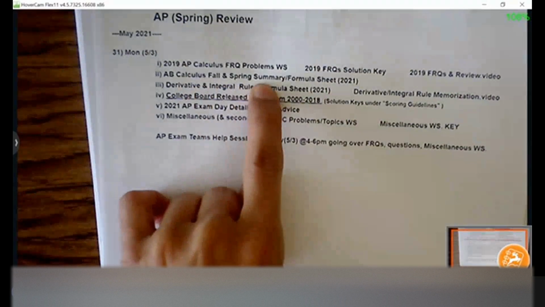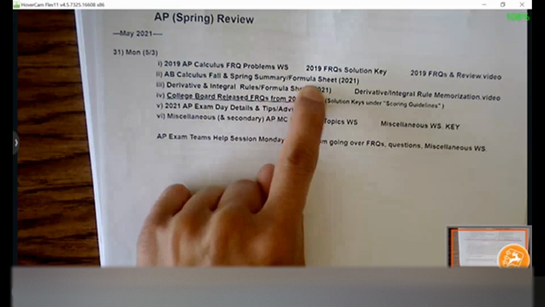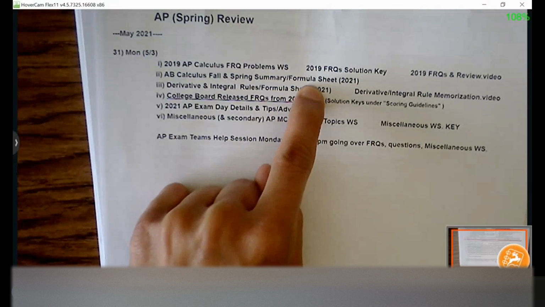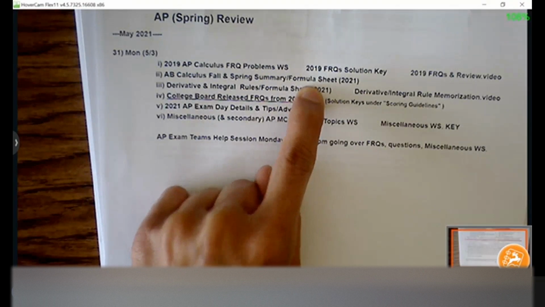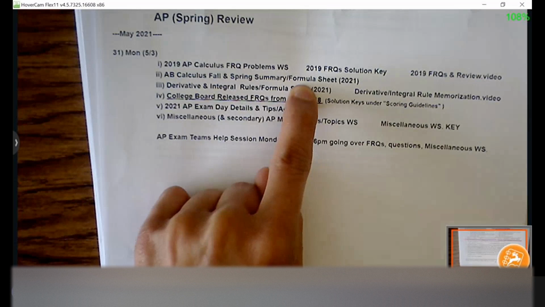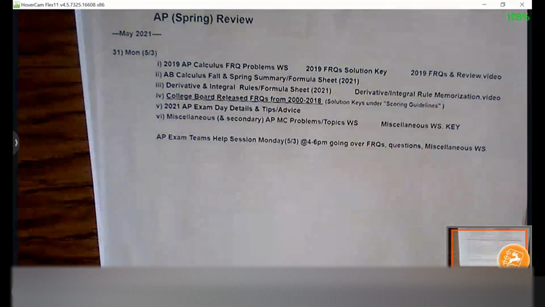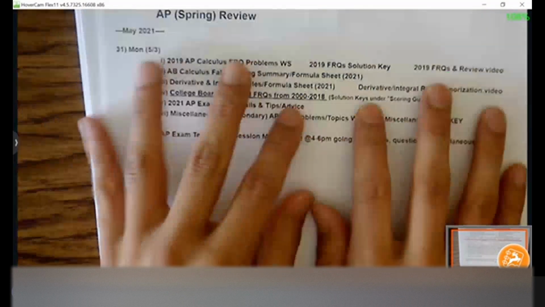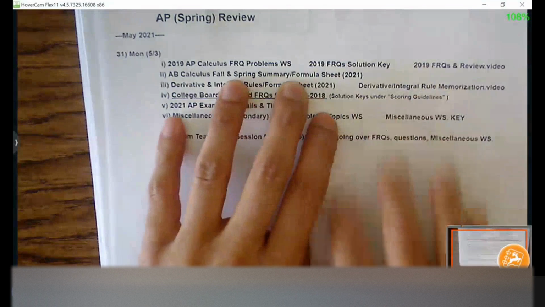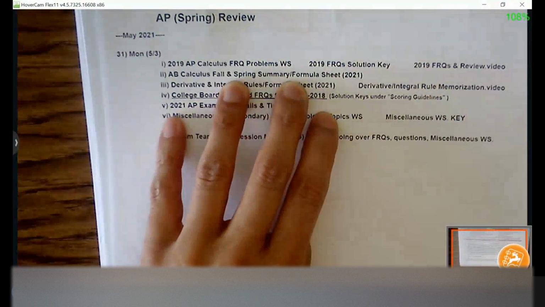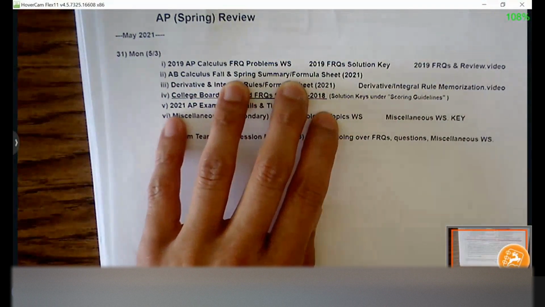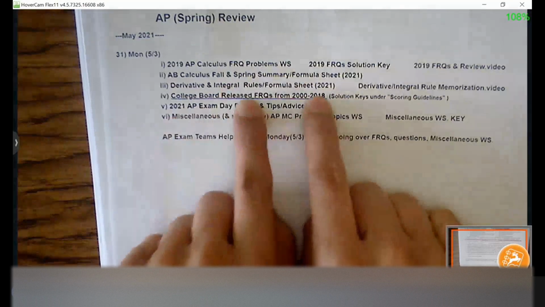The fall summary formula sheet. This is the formula sheet that you guys have been seeing on the recent multiple choice. So look through them, read through them, commit those to memory. Really want you guys to go in understanding that most formulas are not going to be given to you. So you want to spend the time to be familiar and to memorize them.